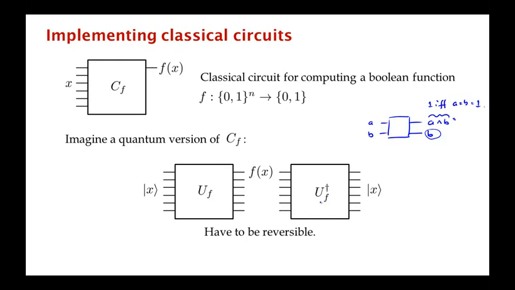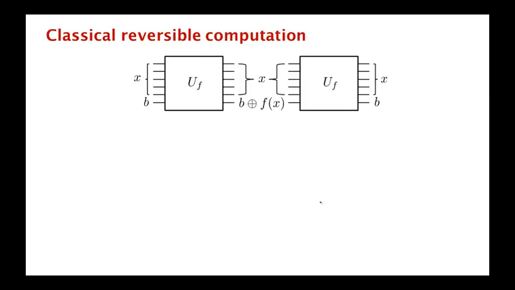So what can we do? What we want to do is feed in the input x as well as an answer bit b. We think of b as initially being 0. So it's a place where the answer is going to be stored. And we want our quantum circuit to output x unchanged, but also the answer f of x.